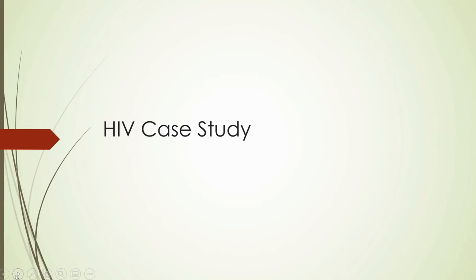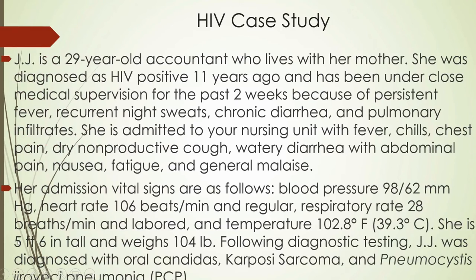We have a case study here for a patient with HIV. And this is JJ, a 29-year-old accountant who lives with her mother. She was diagnosed as HIV positive 11 years ago and has been under close medical supervision. The past 2 weeks, she's developed persistent fever, recurrent night sweats, chronic diarrhea, and pulmonary infiltrates.